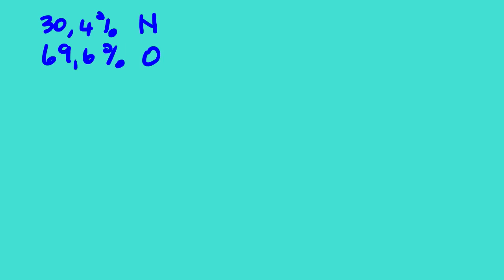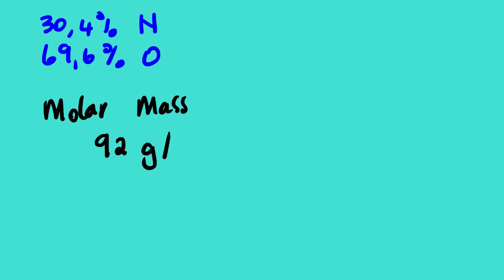But if the question asks you about the molecular formula, it must give you the molar mass of that molecular formula. In this case, let us take the molar mass to be 92 grams per mole. So we did calculate the empirical formula, and then we found that this is the empirical formula.